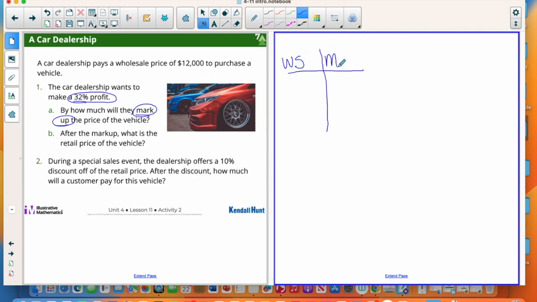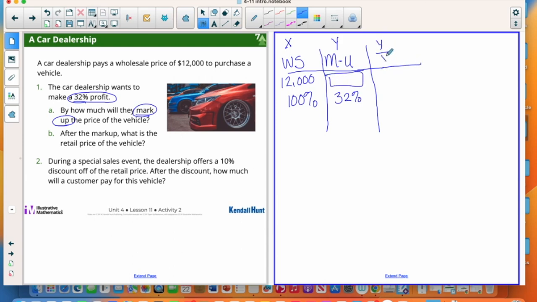In this case, we're looking at the markup, and wholesale comes first, so it's my X. The markup is my Y. I know the wholesale price is $12,000. And since that's my X, that's my 100%. It's marked up 32%.